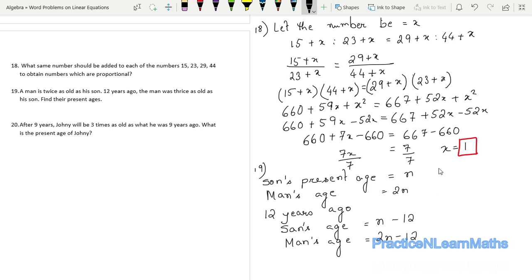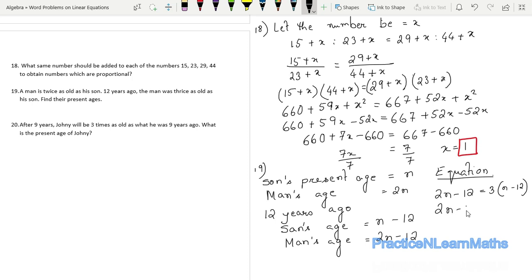So we get the equation as 2n minus 12 is equal to 3 times n minus 12, since 12 years ago, the man was thrice as old as his son.